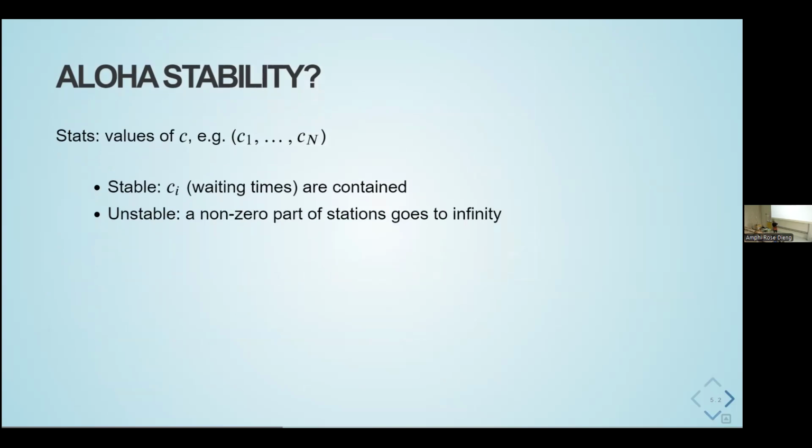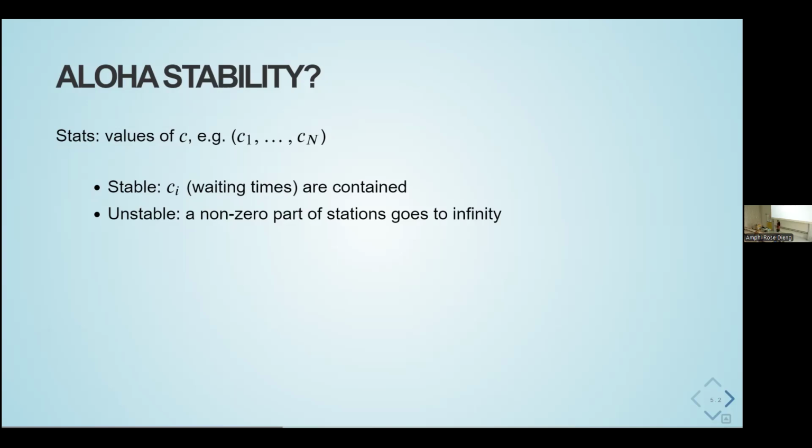But what about Aloha stability with the specification I gave earlier? Well, stable just means that the parameters C, that you can interpret as waiting times between transmissions of packets, are relatively contained.